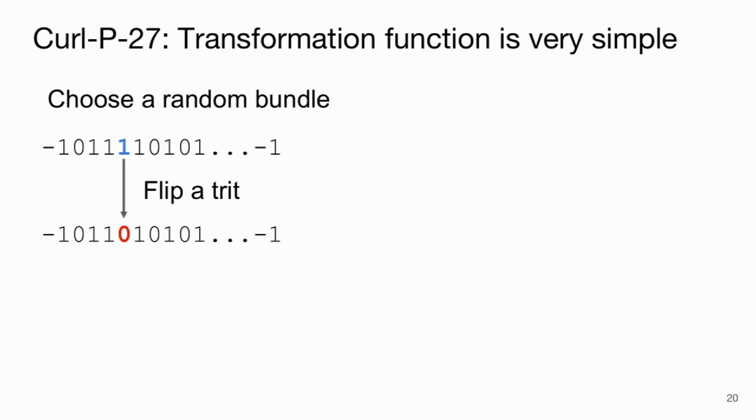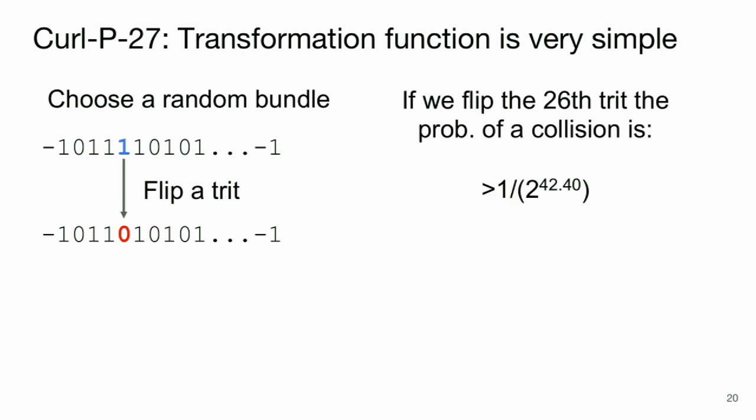So it's exactly the same, except the trit over here is 0 and the trit over here is 1. When you hash it, you will have a collision with 1 out of 2 to the 42 probability. This is an upper bound, so it'll take you no more than this.